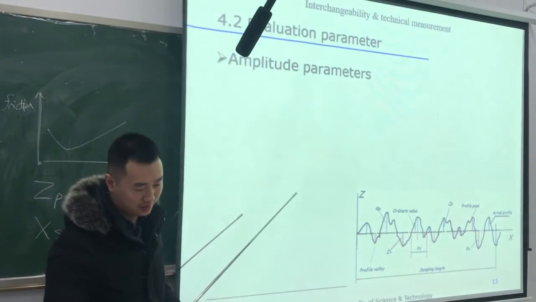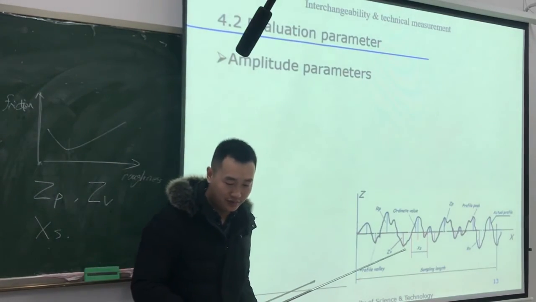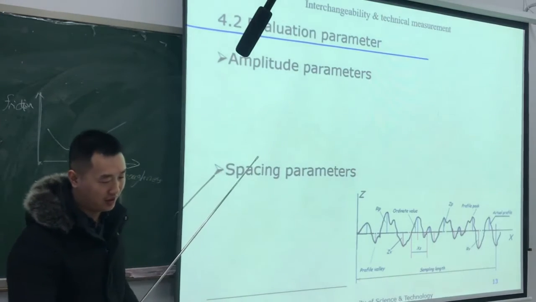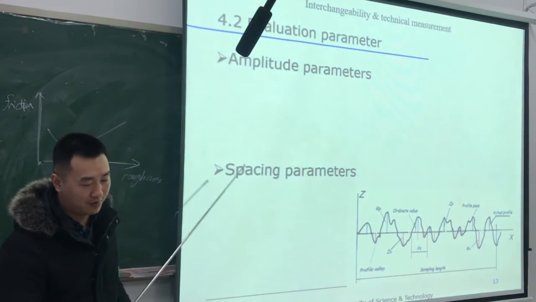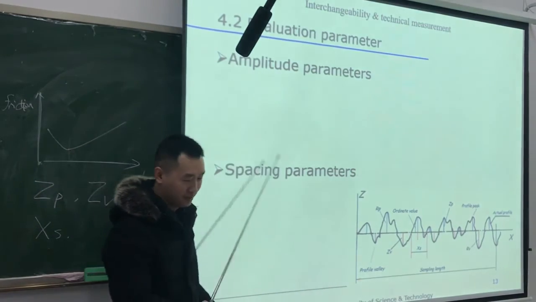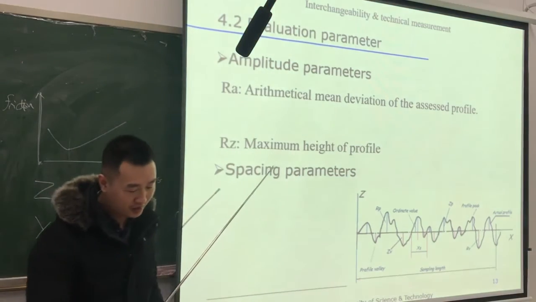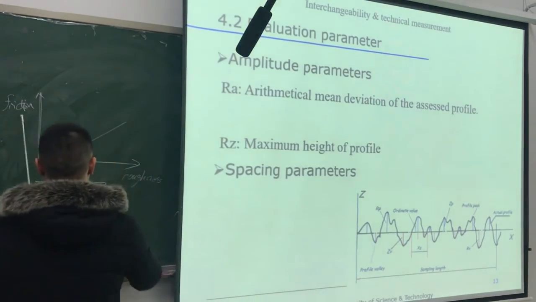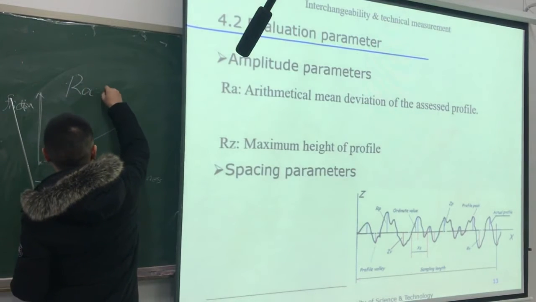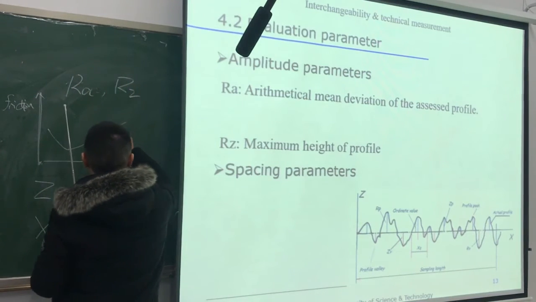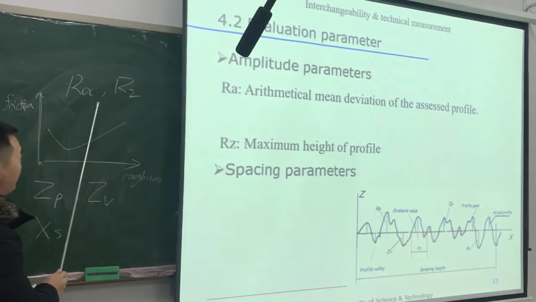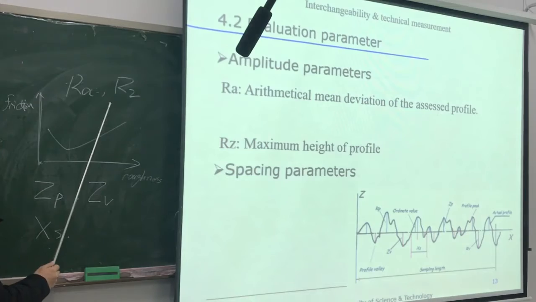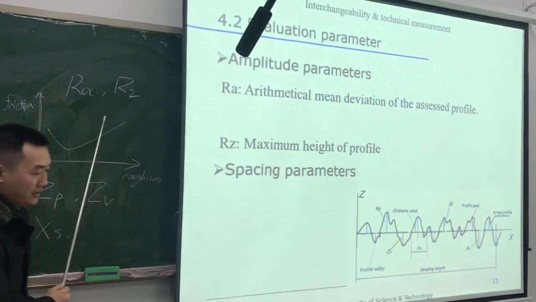So now let's learn the evaluation parameters. There are two kinds of parameters: amplitude parameters and spacing parameters. For amplitude parameters, we have Ra and Rz. These two parameters are the most commonly used and the most important ones for evaluation of roughness.